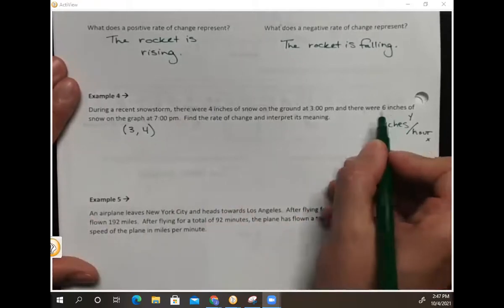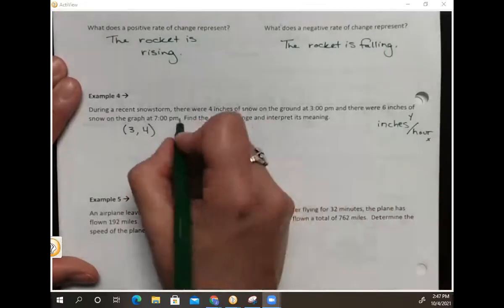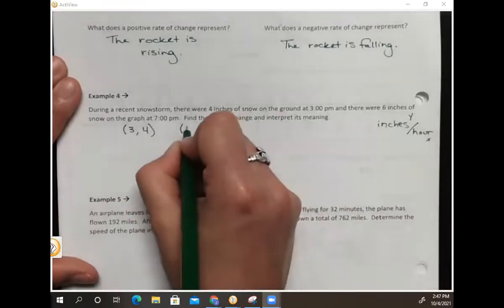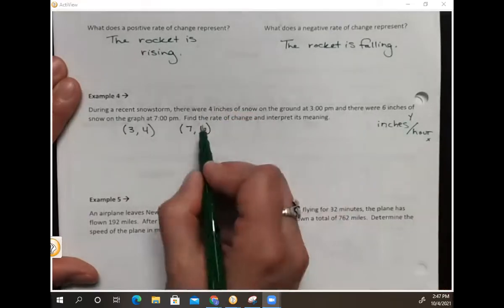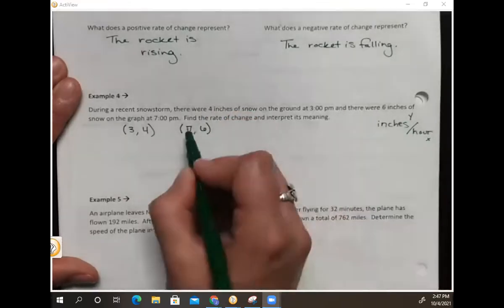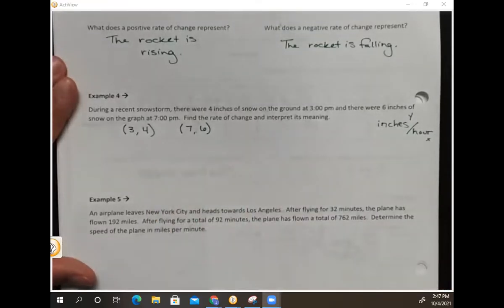And then it says there were 6 inches of snow on the ground at 7 p.m. So at 7 p.m., there were 6 inches. Again, inches in the Y spot, time in the X spot, because I want my label to be inches per hour. That's a rate of snowfall.